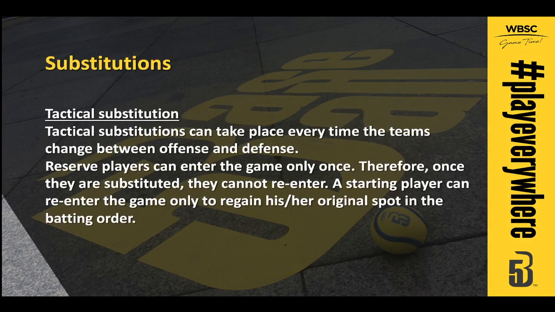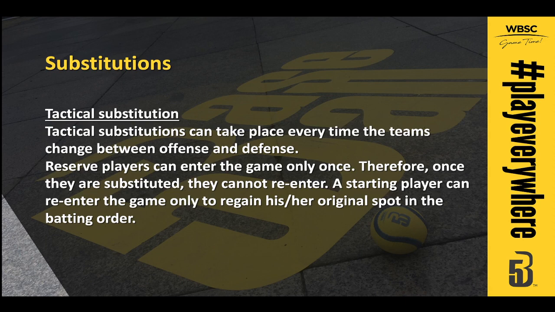When it comes to substitutions, teams are allowed to make tactical or injury substitutions. Tactical substitutions can be made only when the team switches from offense to defense. The reserve players that enter the game can enter only once.